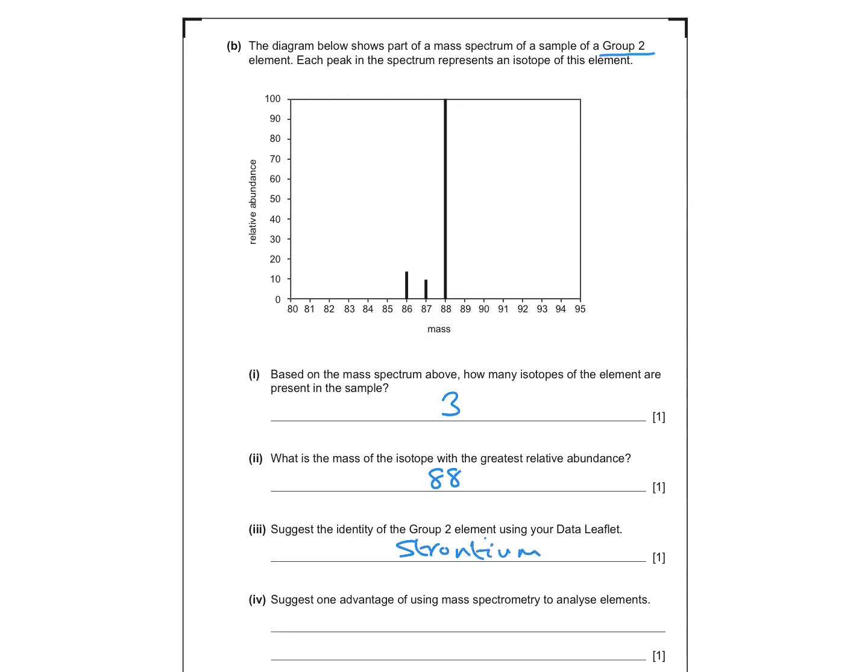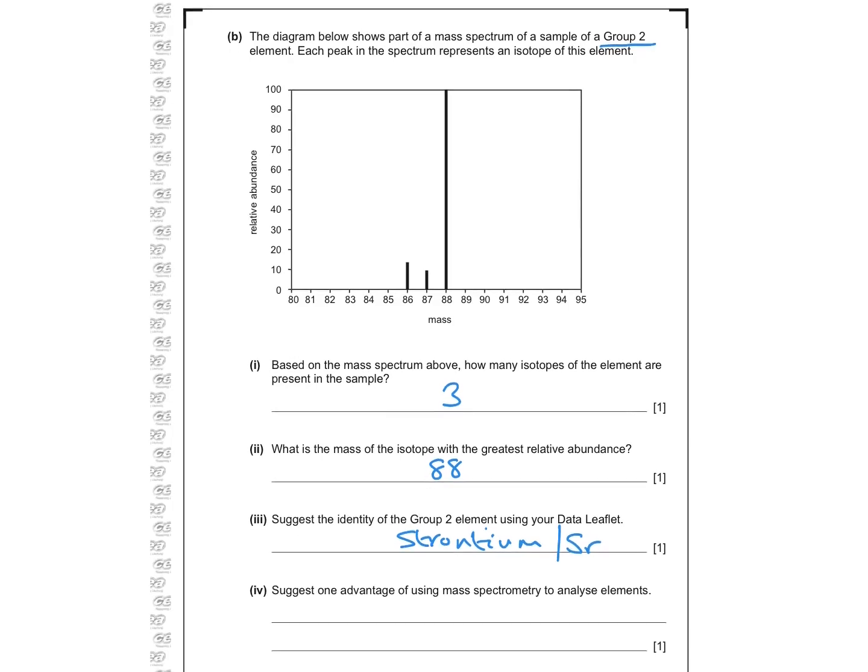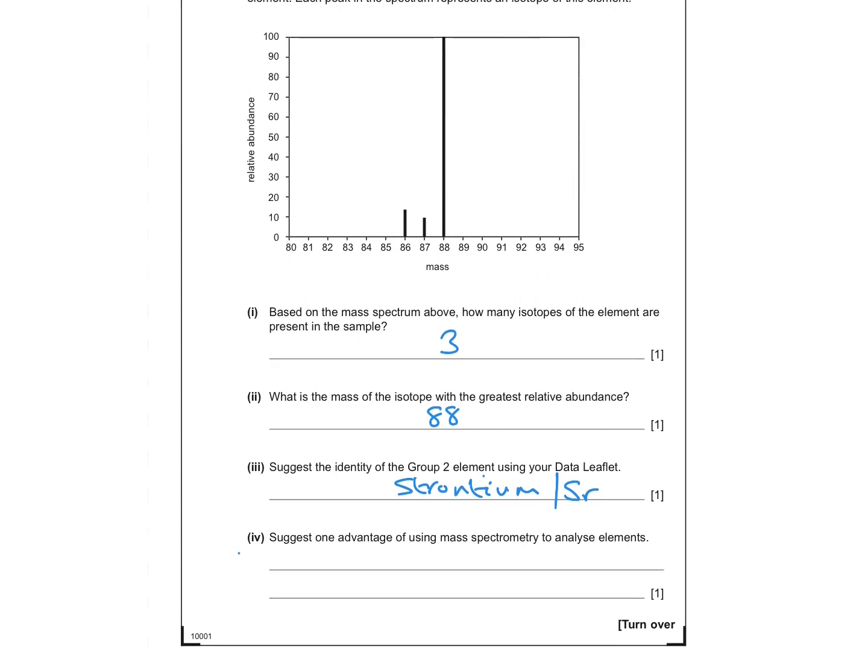Now it just says suggest the identity, so you could also just do Sr. You're not told to give the symbol or the word, so either is fine. Now part 4 is not one that you have to do, so we're going to leave it out.